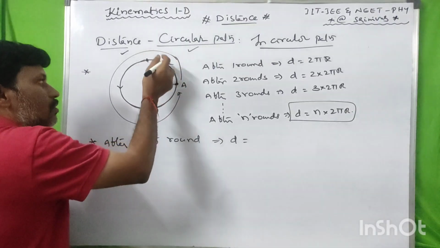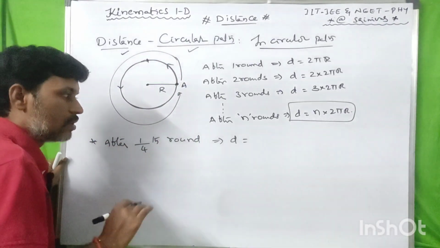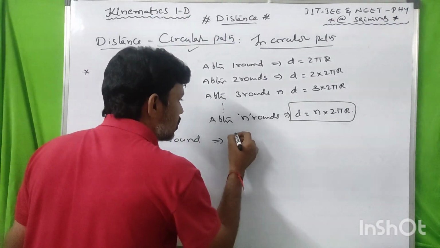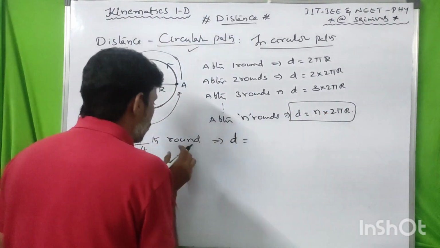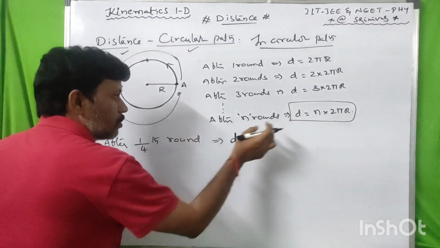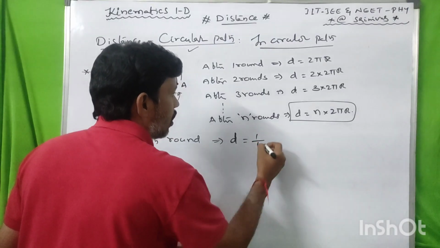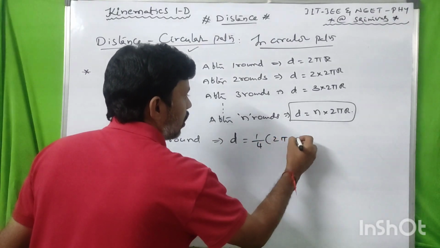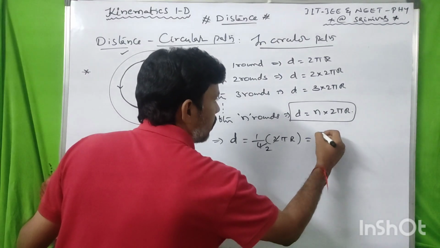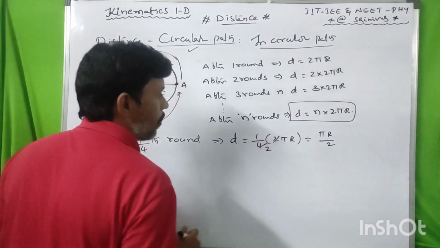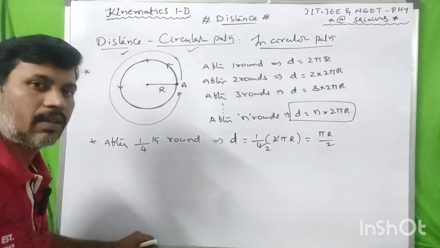So after 1 by 4th round, the distance D is equal to 1 by 4th part, nothing but 1 by 4 of 2 pi r. So that can be written as 2 times pi r by 2, that is pi r by 2.